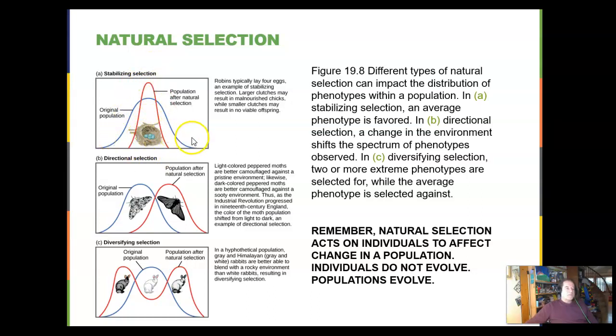An example of stabilizing selection in us is birth weights in babies. Babies that are too big, over a certain size right here, have trouble passing through the birth canal. Historically, this was the source of quite a lot of death of mothers during childbirth, and typically the death of the fetus as well because it couldn't get out the birth canal. These days we would do a C-section, so it's not an issue.